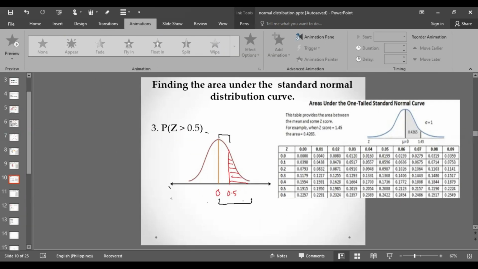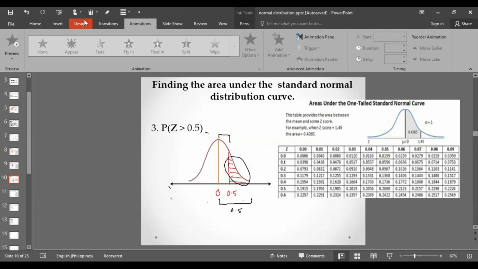We have to subtract the entire area of half of this normal curve, which is 0.5, to the area between 0 and 0.5. Yung kabuoang area nitong side na ito, babawasan natin ng area between 0 and 0.5 para ang matirang area ay ito, which is yun yung hinahanap natin.